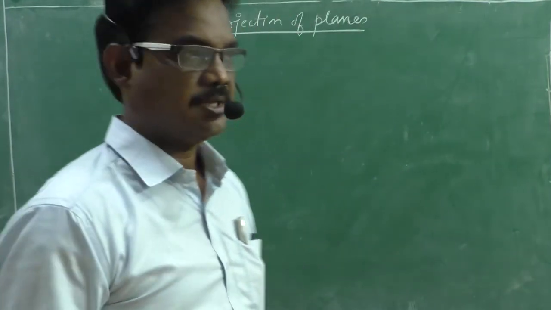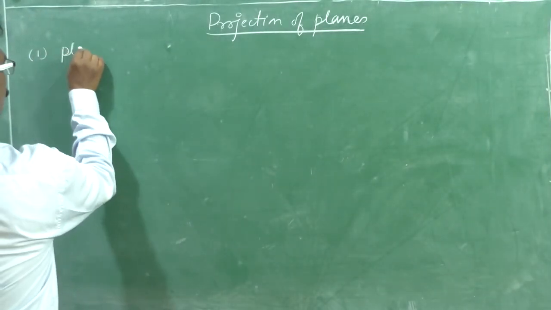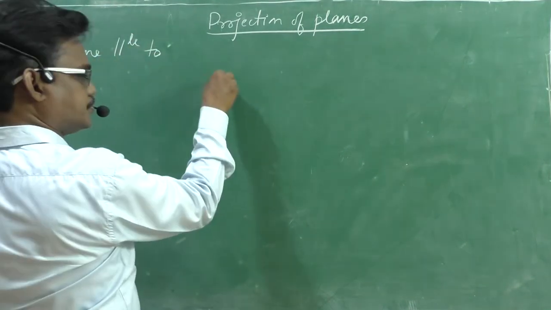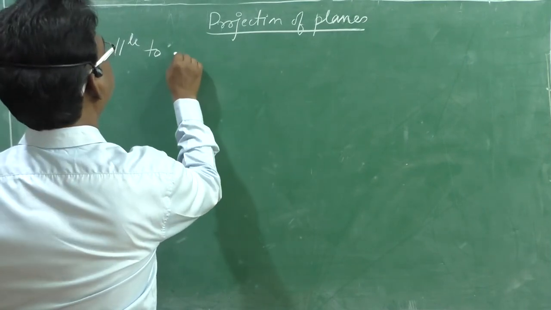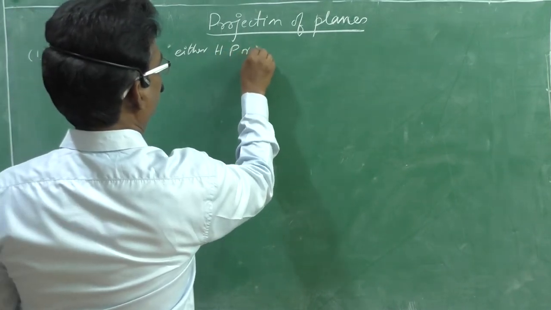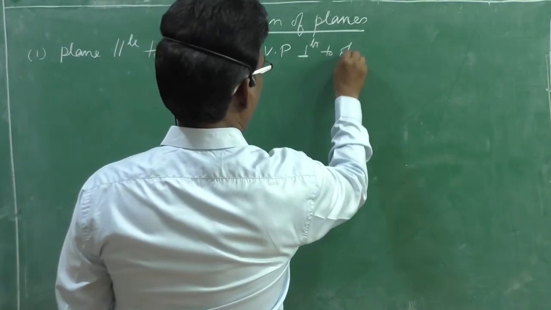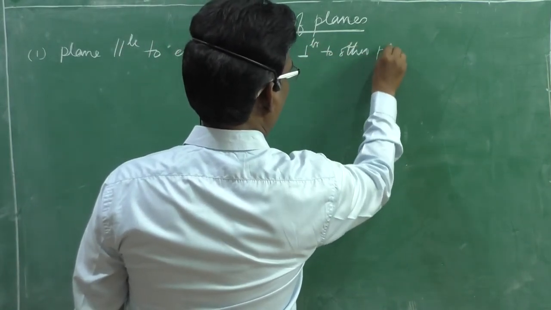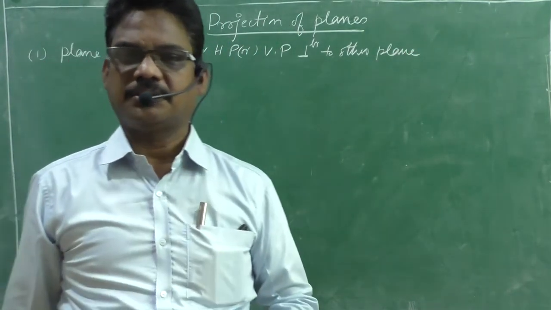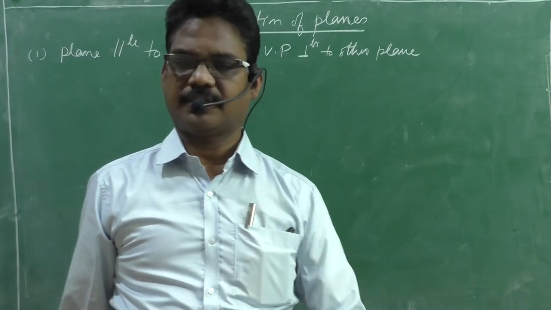First one is the plane parallel to either HP or VP, and perpendicular to other plane. Plane parallel to either HP or VP and perpendicular to other plane. That is case one.